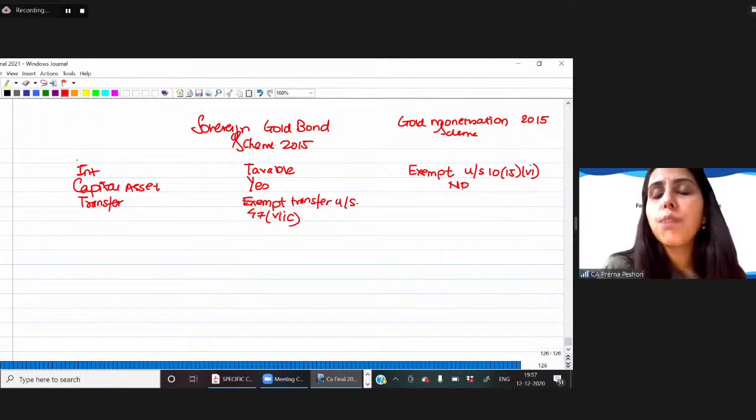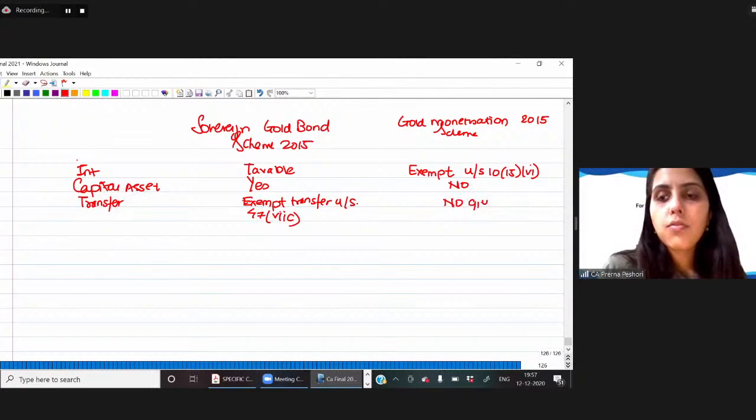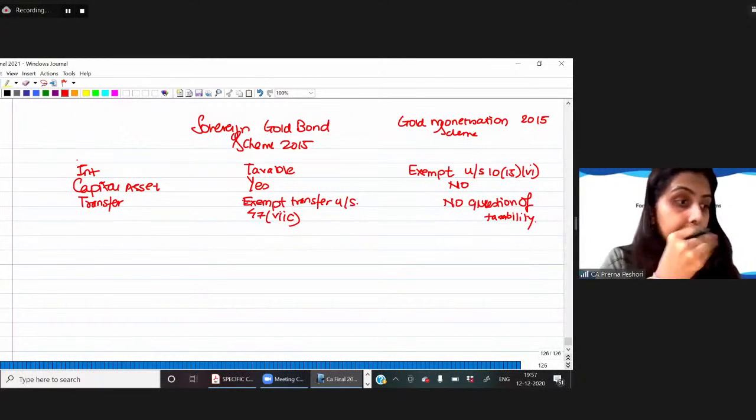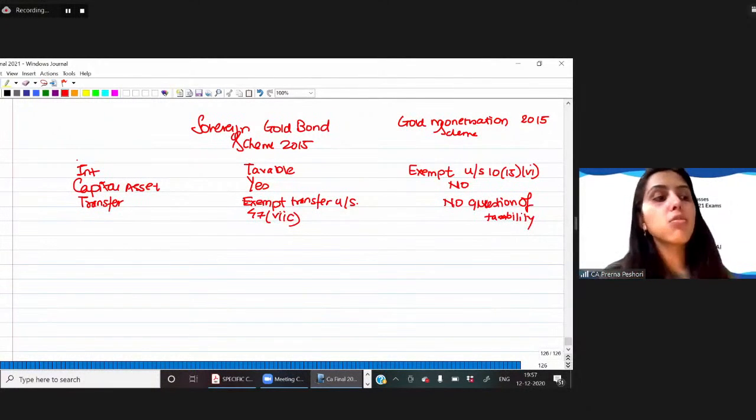And since this particular gold monetization scheme is not considered as an asset itself, no question of transfer or no question of taxability. Clear? Because it's not a capital asset. Is it clear? This you can get in MCQs again.